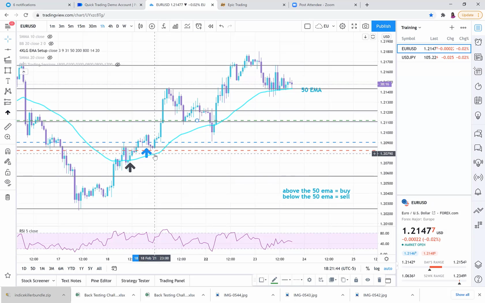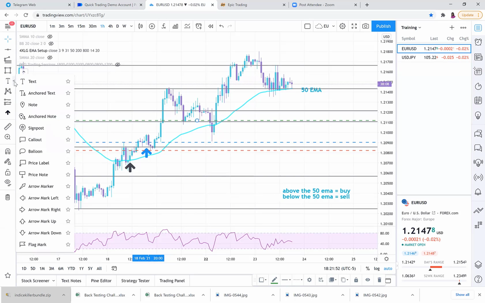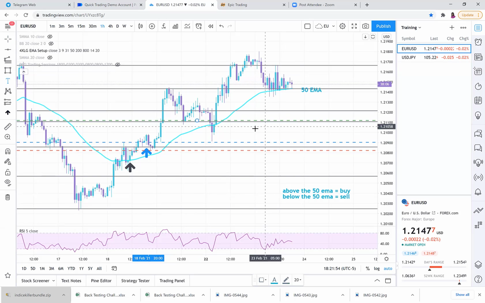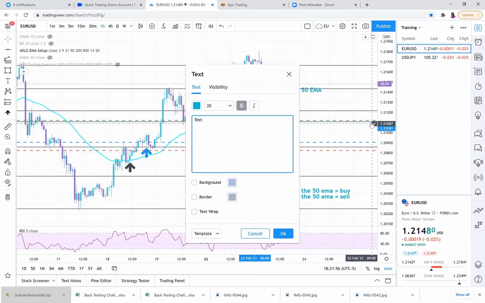So if we wanted to trade zone to zone, let's see how many pips that would give us. I like to measure pips the old fashioned way, so I'm going to pull out my text. Right there at that green, at our zone, price is at 1.2110. So let's write that down, 1.2110.